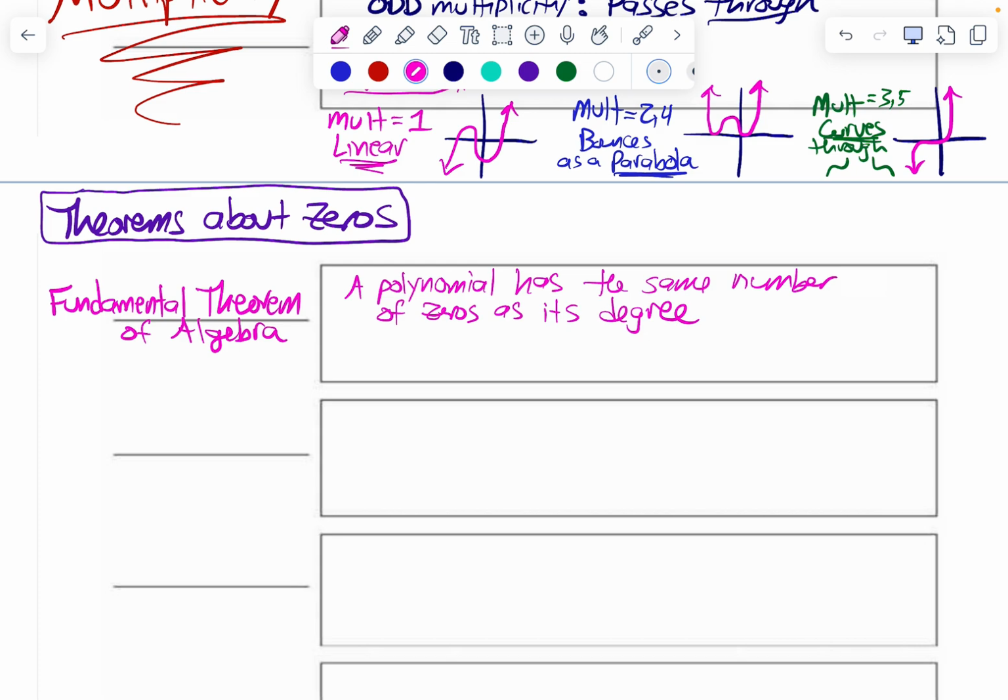How many zeros does a 5th degree polynomial have? A 5th degree polynomial has 5, right?